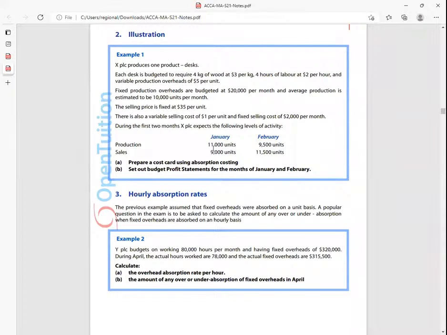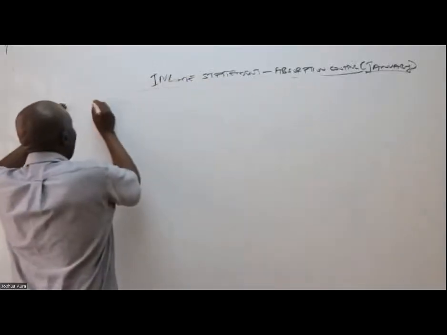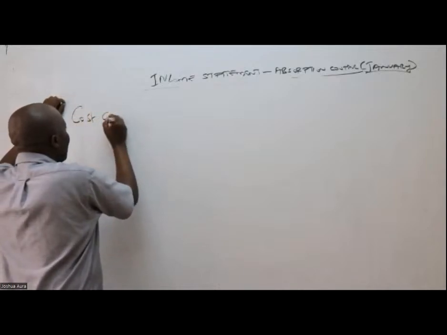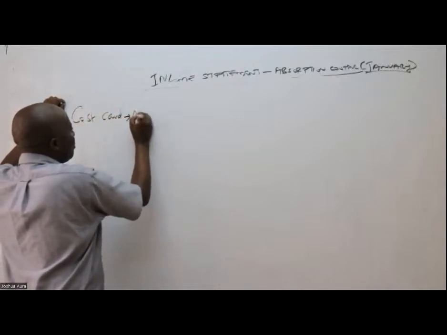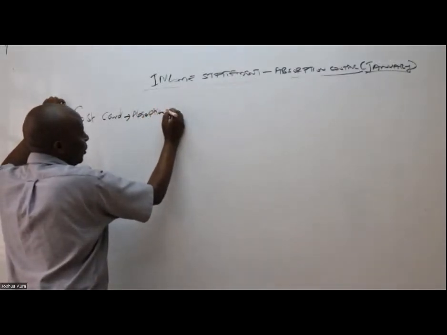So number one, they want us to prepare a cost card using absorption costing. So we are absorbing all production expenses.